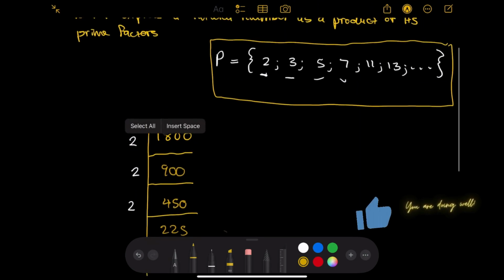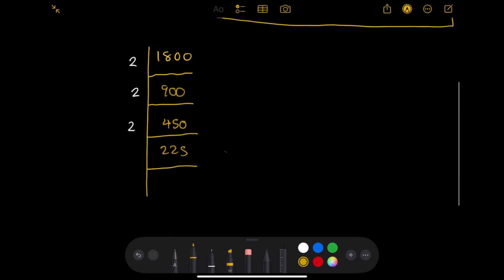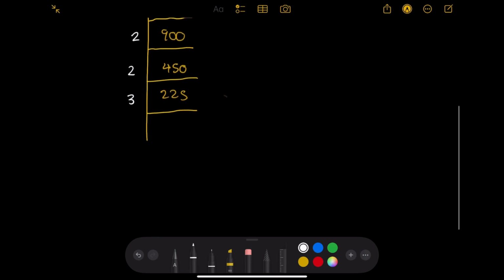Then I have to ask myself, is 3 a number that I can use? Is it the next smallest prime factor of 225? If I say 225 divided by 3, yes, it gives me a value that doesn't leave a remainder. And what is that value? It is 75, right?